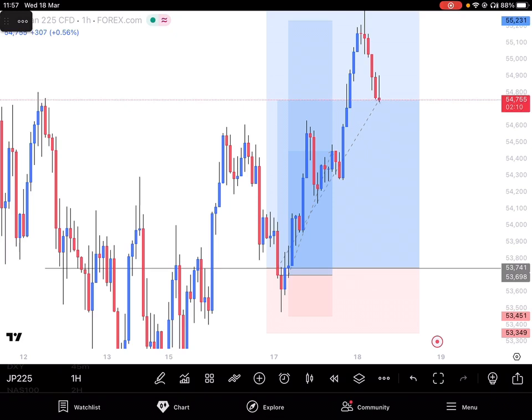But if I'm not seeing ABC, if I'm only seeing AB, I'm not doing XYZ. That is going to help you cut more losses instead of just jumping into the market and gambling. This is going to help you build your bias. So if you're not seeing any of that, then just let the market go. If it's not clear enough, let it go. The market will still be there tomorrow.